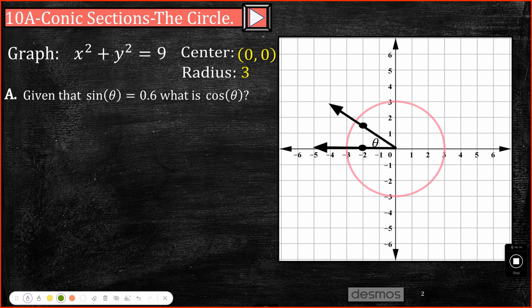Does anybody have any ideas on how to even do this? Anybody? Okay, hold on. There's definitely not just one way to do this. I know two ways, and I want to know how people think. You said what? So make a triangle here?